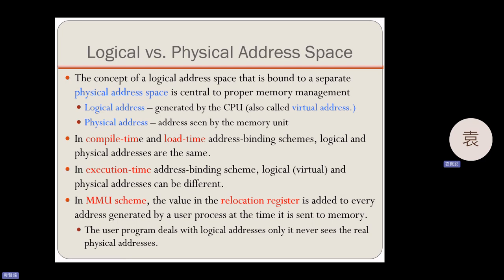In the compile time and loading time address binding schemes, logical and physical addresses are the same, because they don't need to bind to the physical address. They all bind to a logical address. Only in the execution time address binding scheme can logical and physical addresses be different.